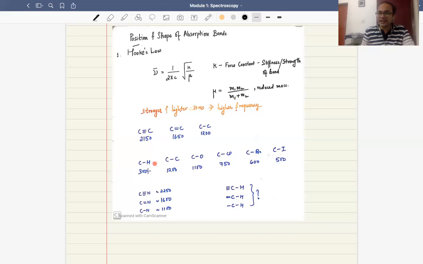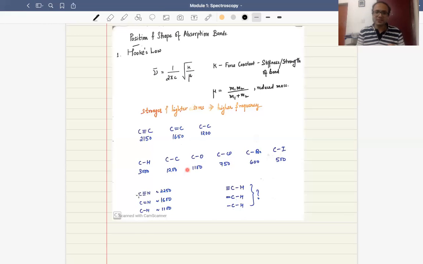This is lighter, this is heavier than this, then this is more heavier, more heavier, and it's the heaviest. So as the mu value increases, again you will have a reduction in the frequency because they are inversely related to each other. You can see that the values match the way Hooke's law predicts. It's obeying Hooke's law.